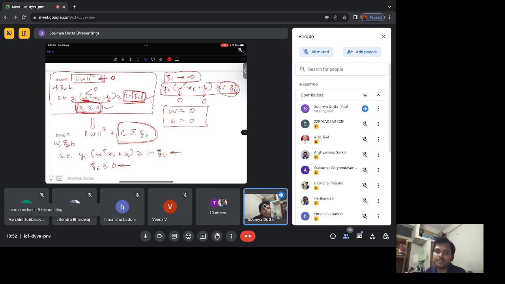That's the job of the optimization problem that you will solve. And this C is a hyperparameter which tells you how much regularization you want, or how much amount of error you can live with. Is it clear how the soft formulation of SVM comes about?